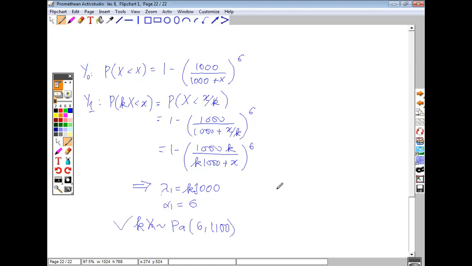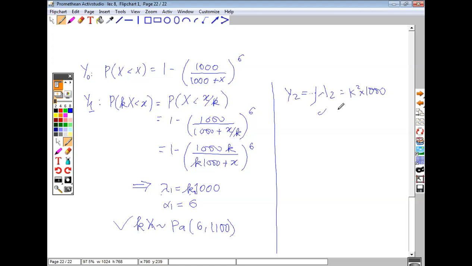And now if I have to do it for year 2, what will it be? Everywhere instead of k, it will be k square. So we can leave all of these steps and directly jump here, right? Lambda 1 will be what? It will be k square times 1000. So my lambda 2 will be k square times 1000.